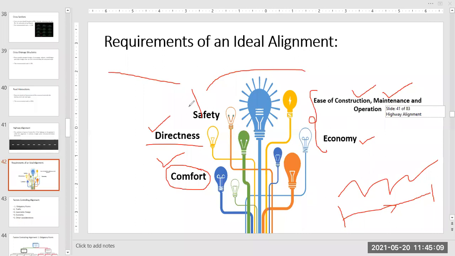These things might not be possible in reality or on the site all the time. So now we are going to see what factors affect safety, what factors affect the directness, that means shortness, and how comfort is sometimes compromised. What are the factors that compromise the comfort of a road?